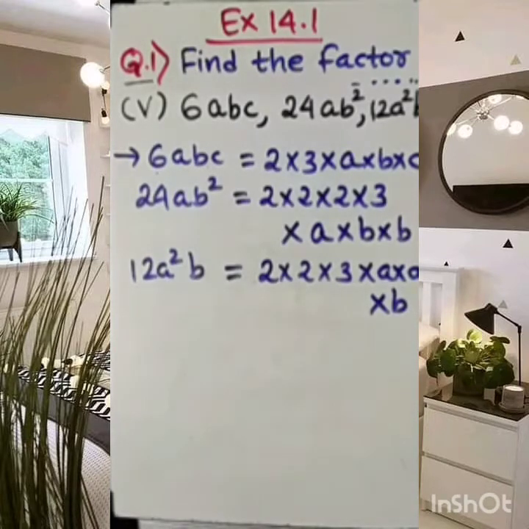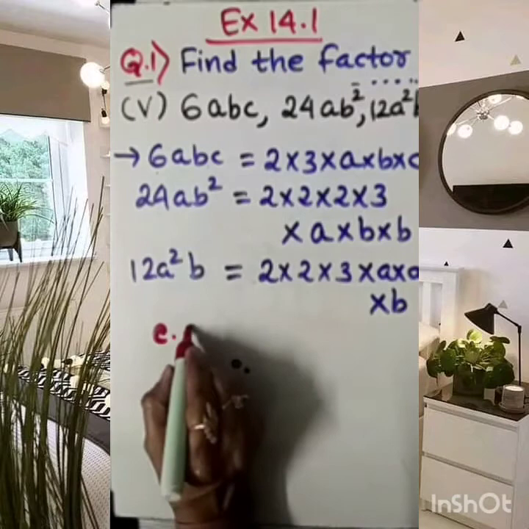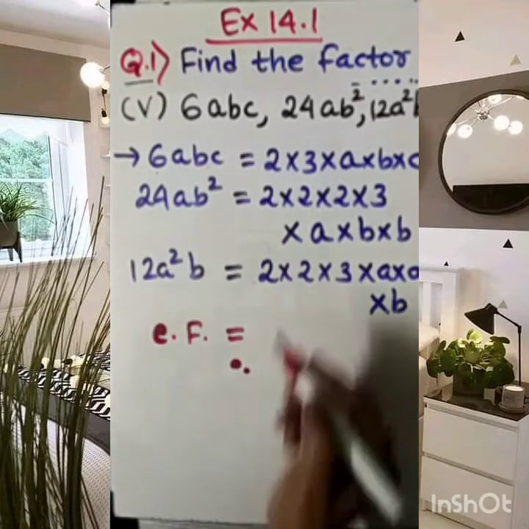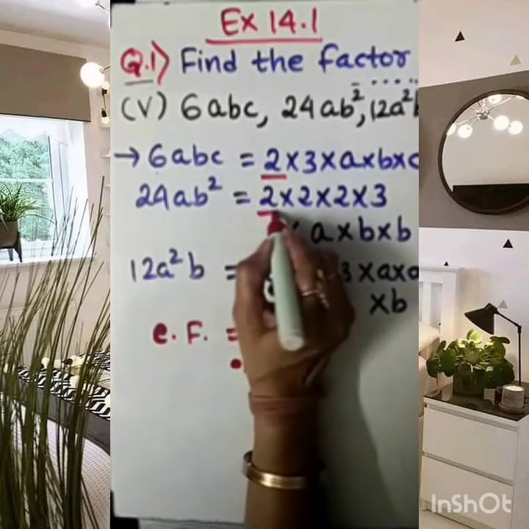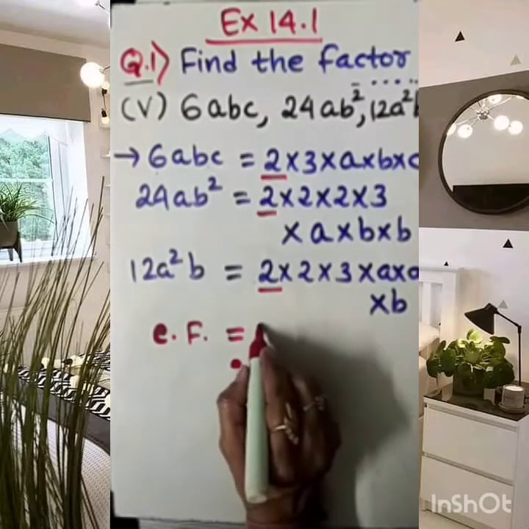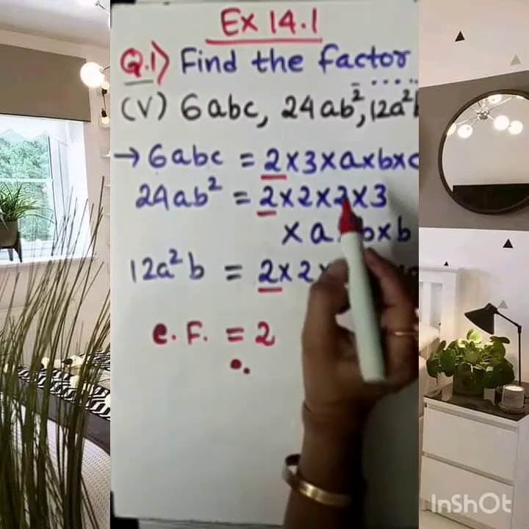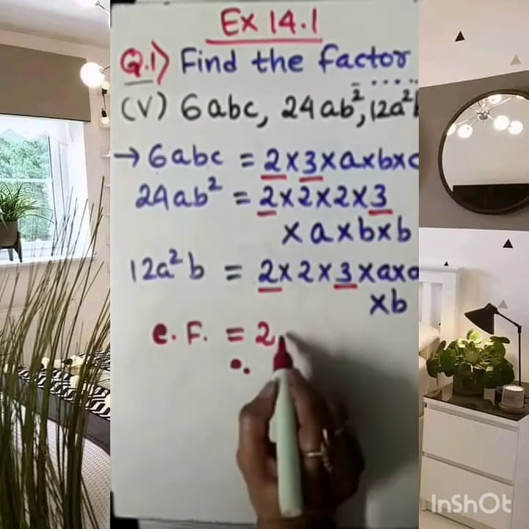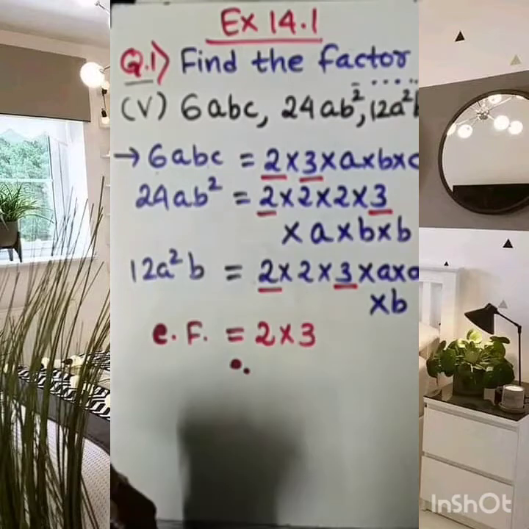Let's take out the common factor, that is CF. Okay. So please write down CF equal to, that is common factor. Let me note down the common factors. You can see 2, 2, 2 is present all the way, so I am writing 2 here. Beside this, 3, 3, 3 is present in all 3 terms.